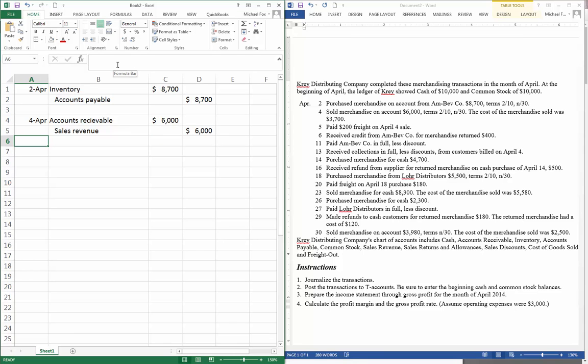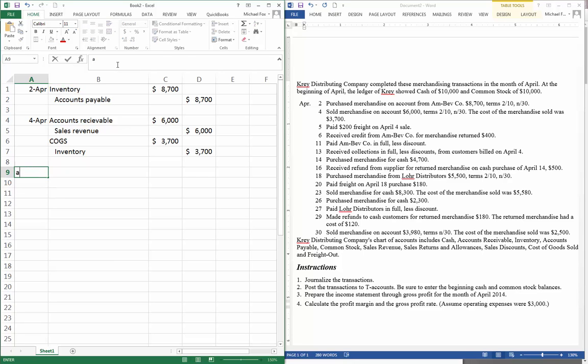Also, on the 4th of April, we're going to have cost of goods sold, usually abbreviated COGS, of 3,700. That's the cost of the goods that we sold. And our inventory will decrease by 3,700.